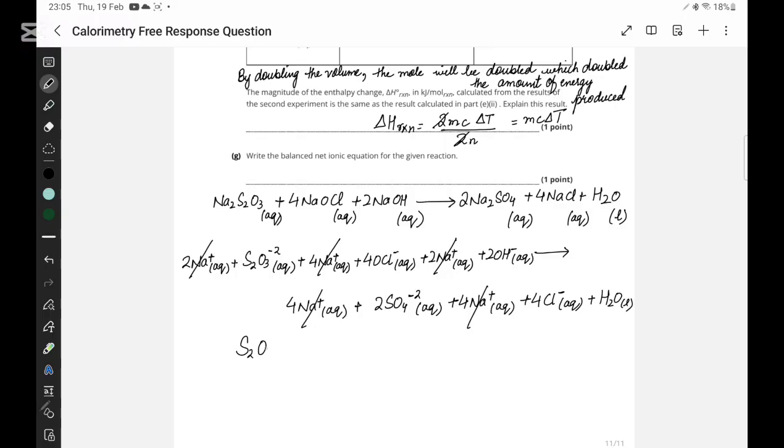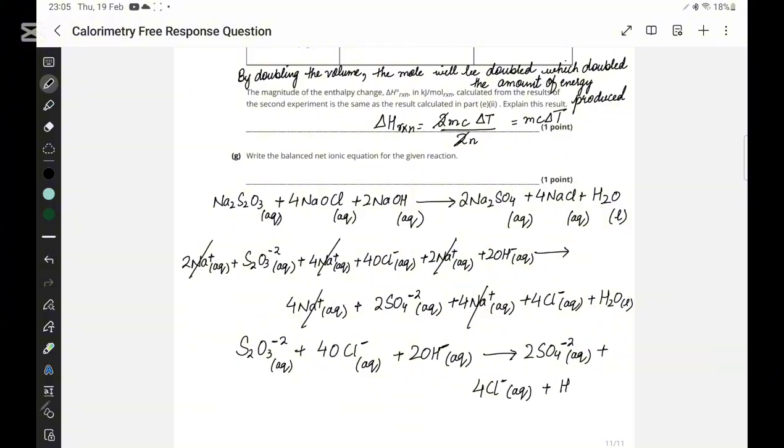So the final ionic equation becomes S2O3 2- plus 4OCl- in aqueous form plus 2OH- in aqueous form, and they would produce 2 sulfate ions in aqueous form plus 4 chloride ions in aqueous form plus a water molecule in liquid form. That will be the final thing formed here.